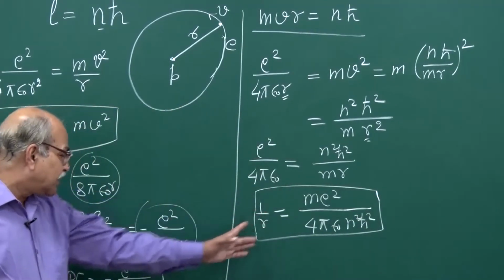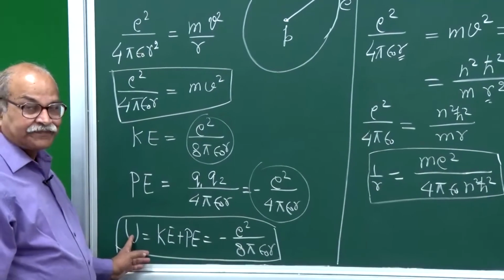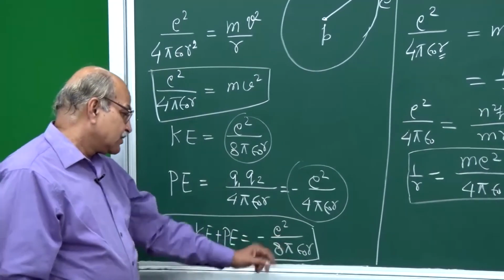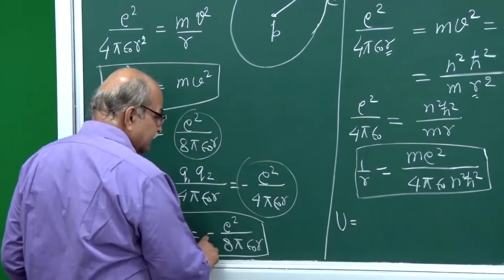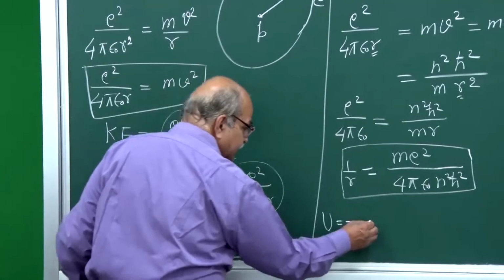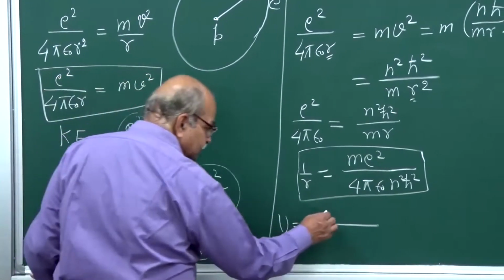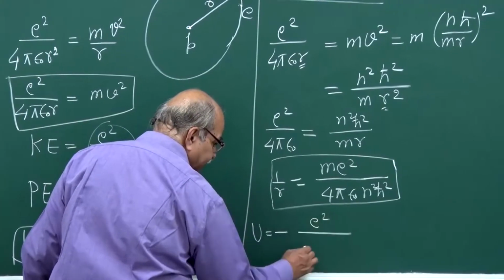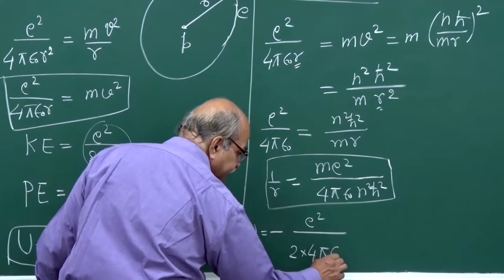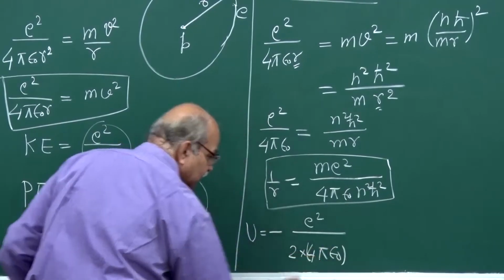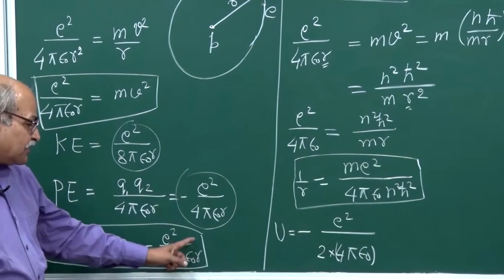And put this 1 by r in the expression of the total energy. The total energy U is minus e square over 8 pi epsilon naught, so let me write e square over 2 into 4 pi epsilon naught, multiplied by 1 by r.